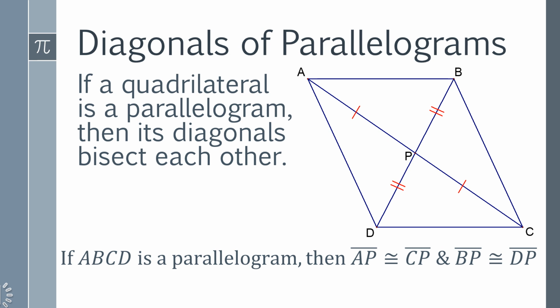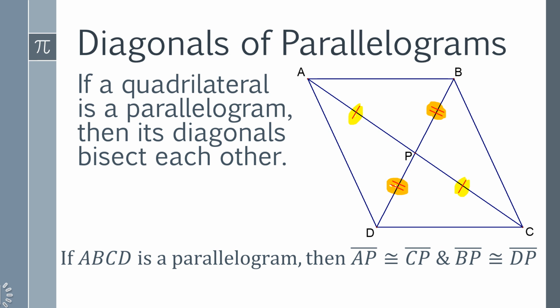That was dramatic, huh? Okay, so if I tell you ABCD is a parallelogram, well, right off the bat, they're saying right here that these diagonals would bisect each other. So that means those segments are congruent.